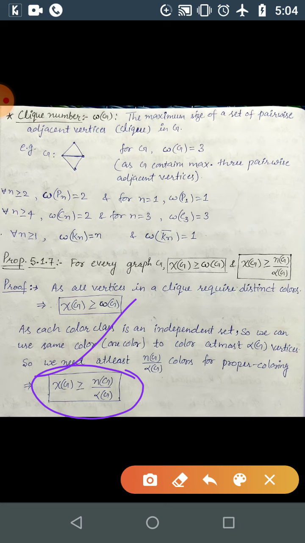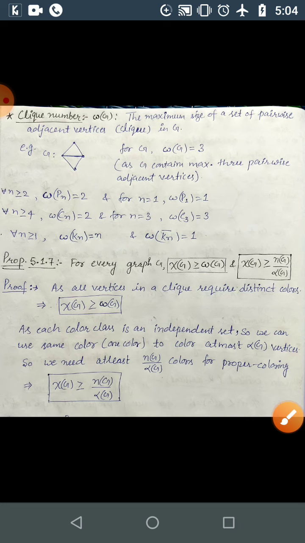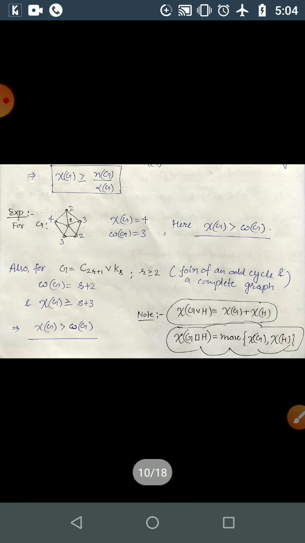In most graphs you will find equality here. In some graphs you may find that chi(G), the chromatic number, is strictly greater than n by alpha. That I have just given here.